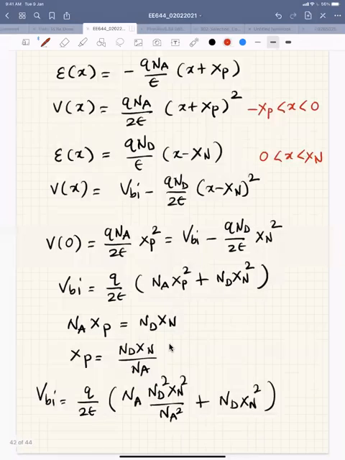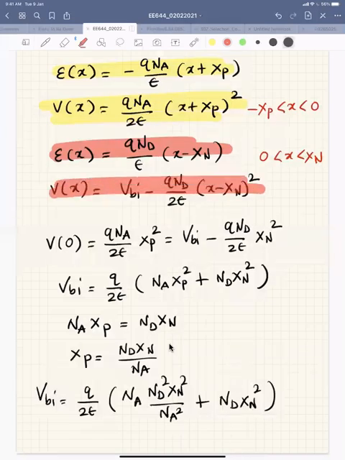Okay, so I can do a little bit more derivation, more mathematics here. This is my electric field and potential between minus xp and 0, and this is my electric field and potential between 0 and xn. At the junction, the voltage at x equal to 0 from both these equations must be the same, because your voltage is continuous.